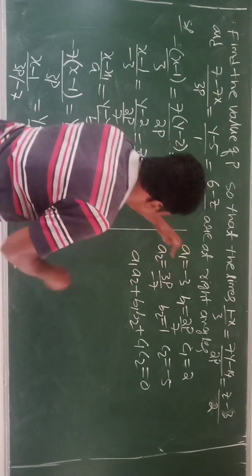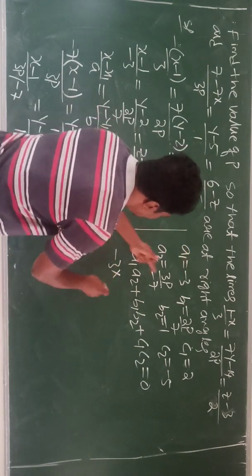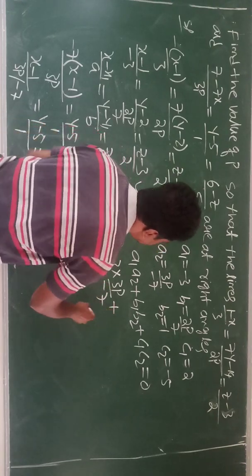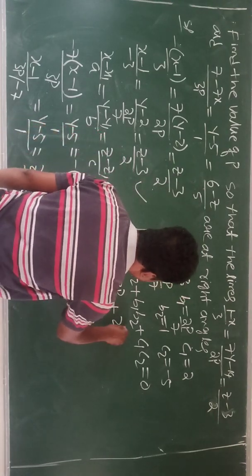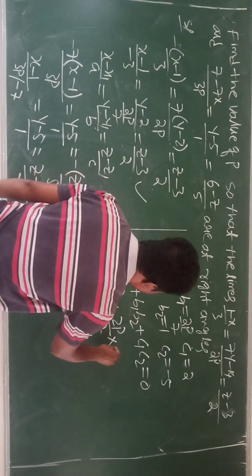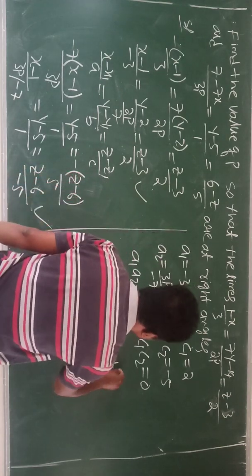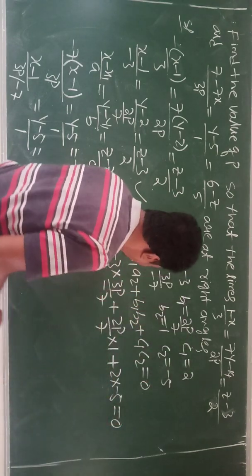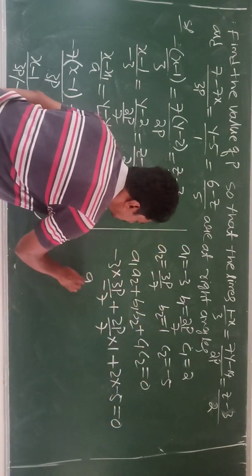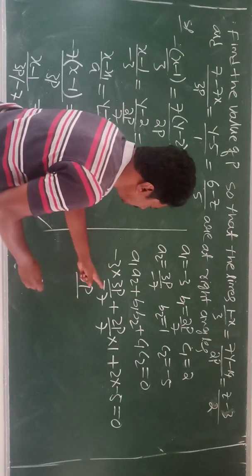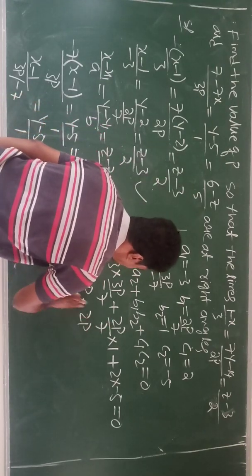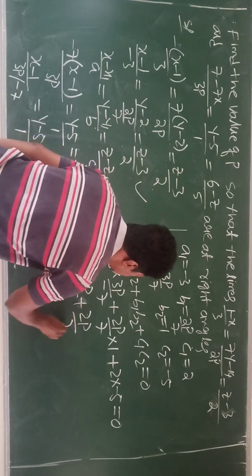Substitute A1 minus 3, A2 3p by minus 7, plus B1 2p by 7, B2 1, plus C1 2, C2 minus 5, equal to 0. Minus into minus is plus, giving 9p by 7, plus 2p by 7.